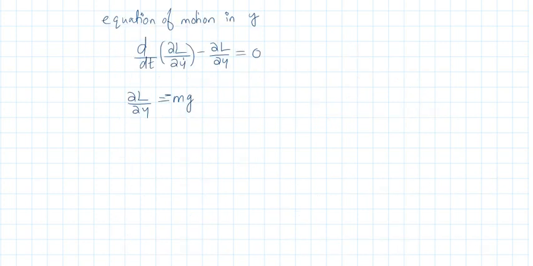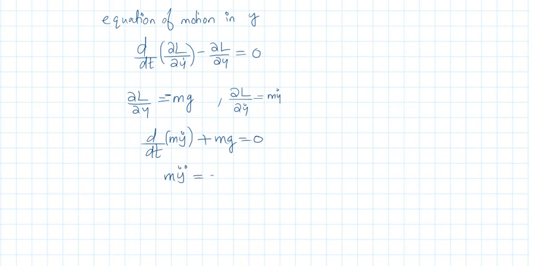So that will give you minus mg. ∂L/∂ẏ is mẏ. Substituting this back in the original expression, d/dt of mẏ plus mg is equal to 0, or mÿ is equal to minus mg.